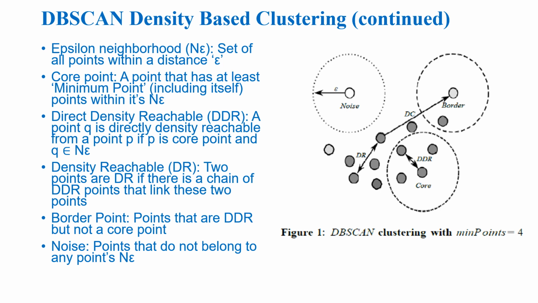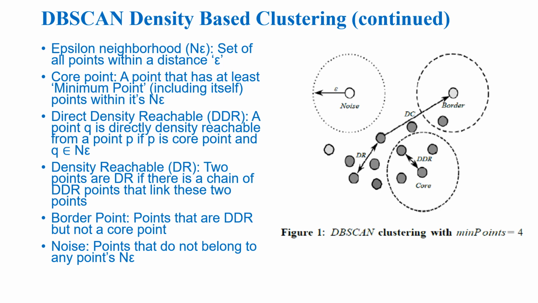Epsilon neighborhood, or neighborhood of epsilon, is the set of all points within the distance set by epsilon. Core point: a point that has at least minimum points, including itself, within its neighborhood of epsilon. Directly density reachable: a point Q is directly density reachable from point P if P is a core point and Q is part of the neighborhood of epsilon.